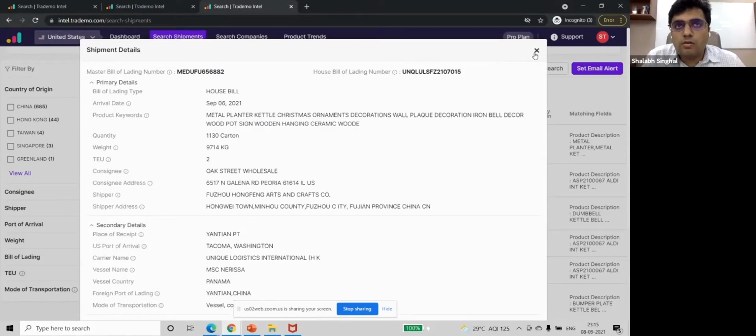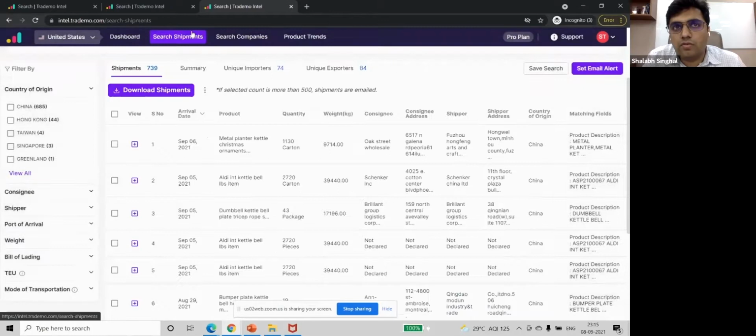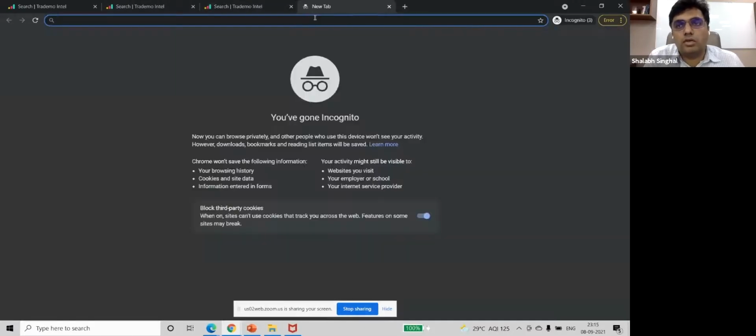Okay, so I think the first difference, as we explained, is that Trademo is not limited to trade transactional data. We are building a large trade knowledge graph where we are linking disparate data sources onto a single knowledge base. That means we are also capturing compliance data.